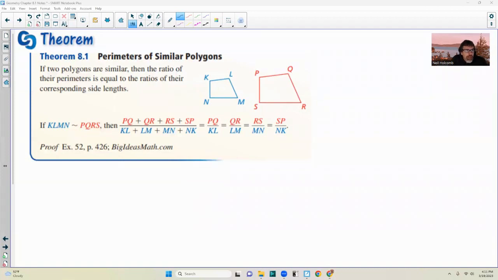Okay, Theorem 8.1, the first theorem of chapter 8, perimeters of similar polygons. If two polygons are similar, then the ratio of their perimeters is equal to the ratios of their corresponding side lengths.